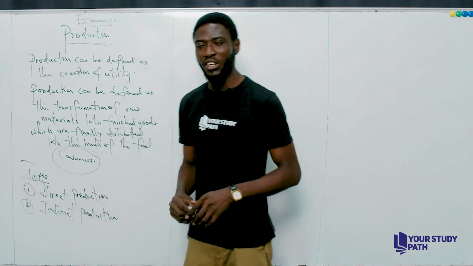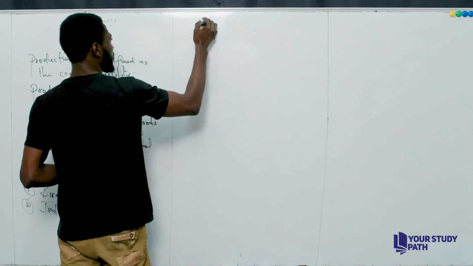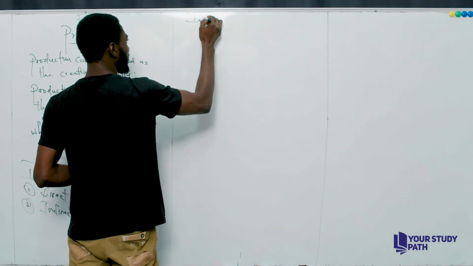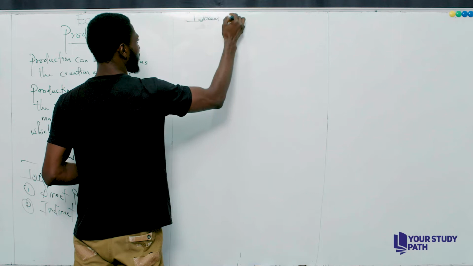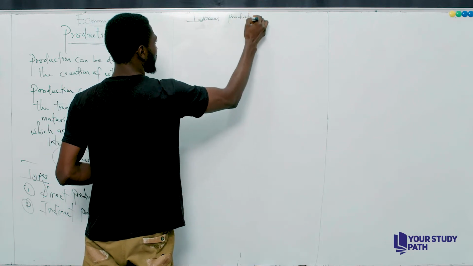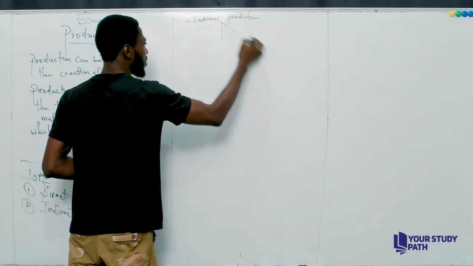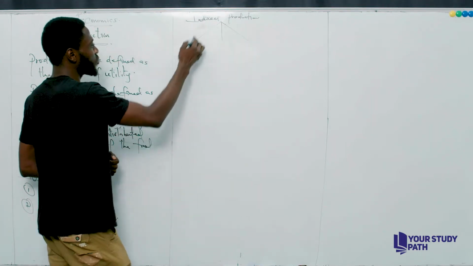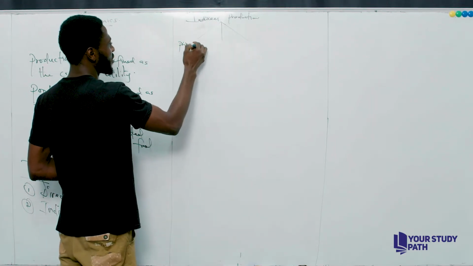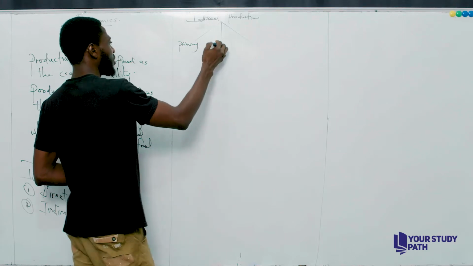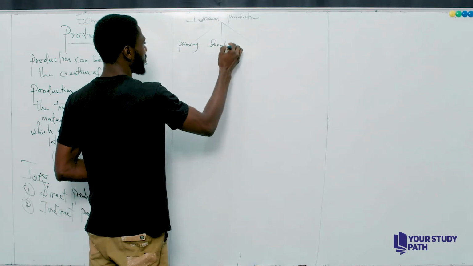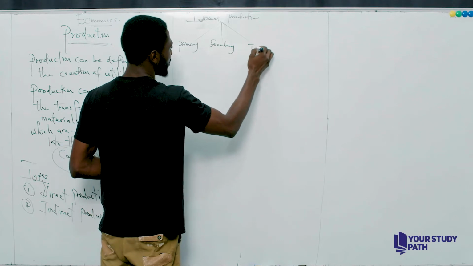So under the indirect production, let's have something like a tree, a tree diagram here, 1, 2, and 3. For the indirect production, we can have here primary, here secondary, then here tertiary.